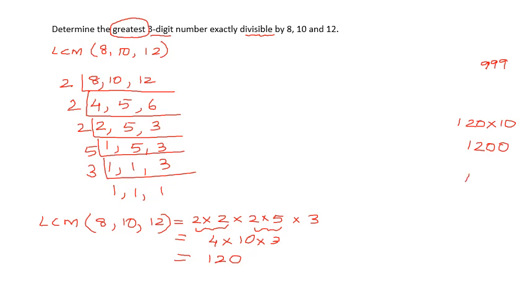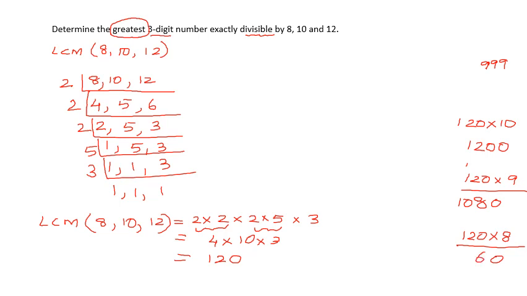Now we'll try with 120 into 9. Then what you get? 9 0s are 0. 9 2s are 18, carry over 1. 9 1s are 9 plus 1, 10. 1080. Oh, that is also a 4-digit number. So now we'll try with 8. 120 into 8. 8 zeros are 0. 8 2s are 16.